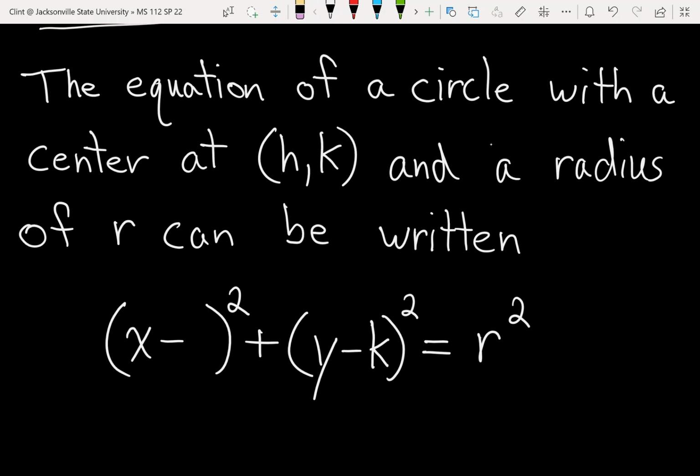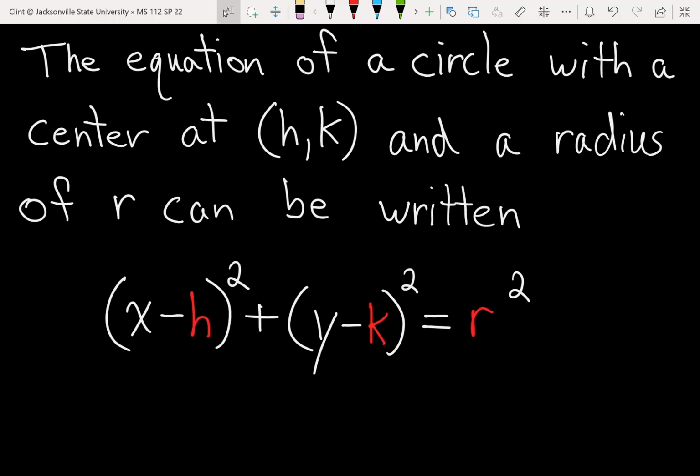So maybe I should do these in different colors here. x minus h, y minus k, r squared. The h, k, and r are just numbers. h is the x coordinate of the center, k is the y coordinate of the center, and r is the radius.